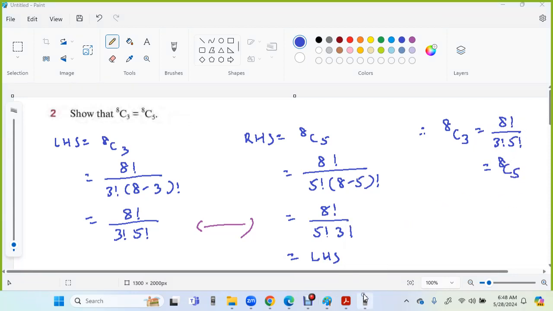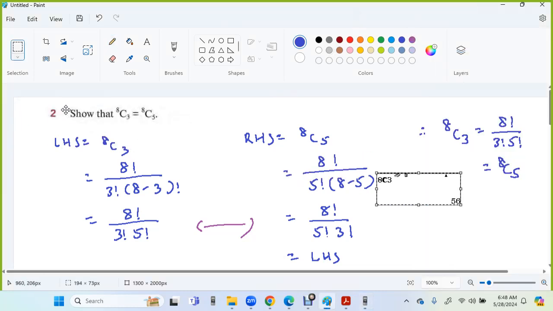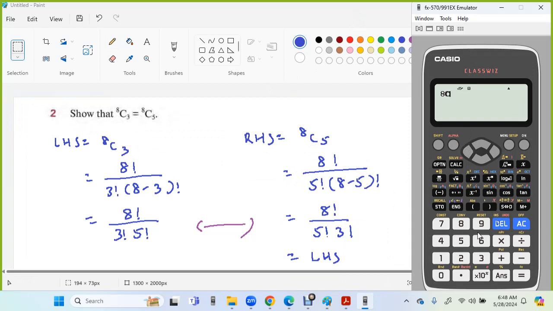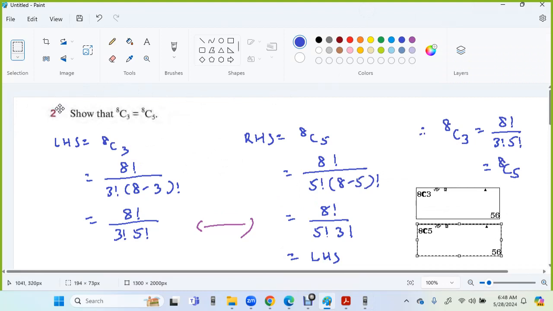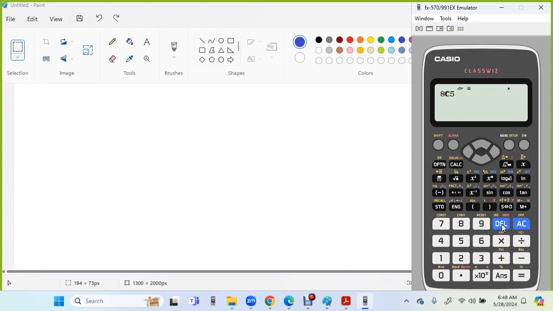Okay, so we can check using the calculator. We have 8C3. Okay, it's actually 56. And then we have 8C5. Then this is also 56. And we know that actually the combination is symmetric.